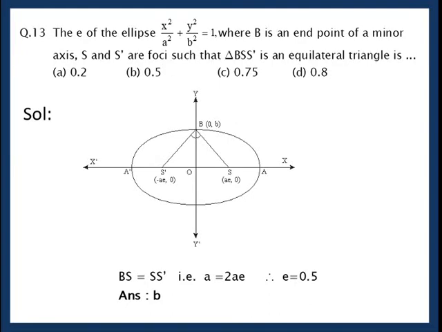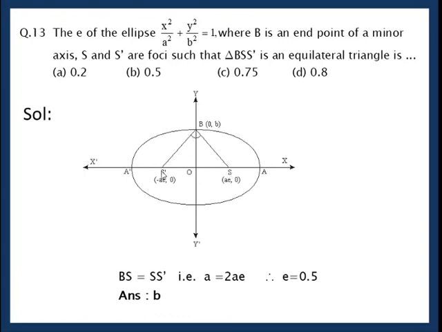The eccentricity of the ellipse x square upon a square plus y square upon b square equal to 1, where B is an endpoint of the minor axis, S and S dash are foci, such that triangle BSS dash is an equilateral triangle, is. Now, if you know the features, then you can get the answer easily. See, triangle BSS dash is equilateral, right?